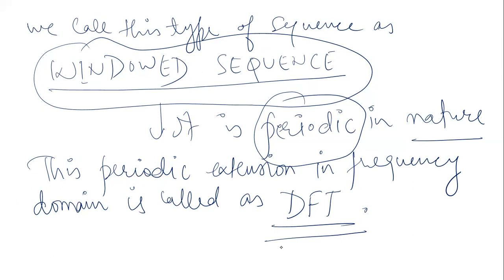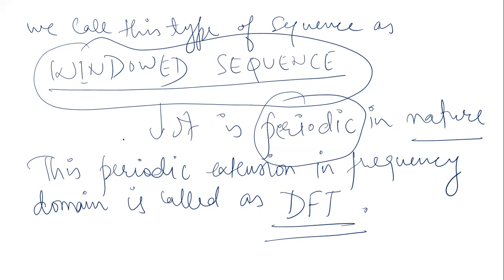To get that finite range, we sample the DTFT, and through that sampling we get a certain portion of the infinite sequence, known as the windowed sequence, and the windowed sequence is periodic in nature. So we can say that this periodic extension of the sequence in frequency domain is known as DFT.